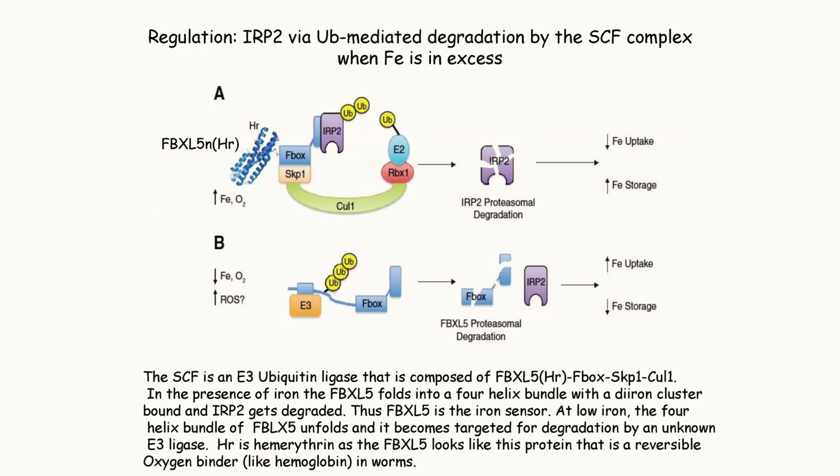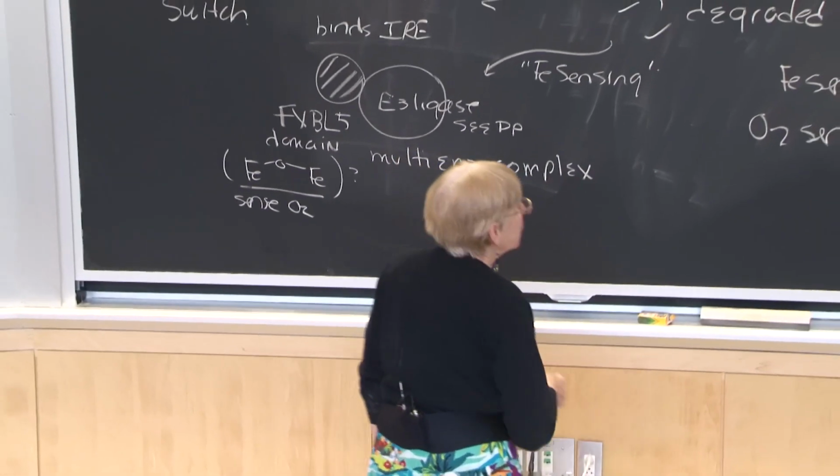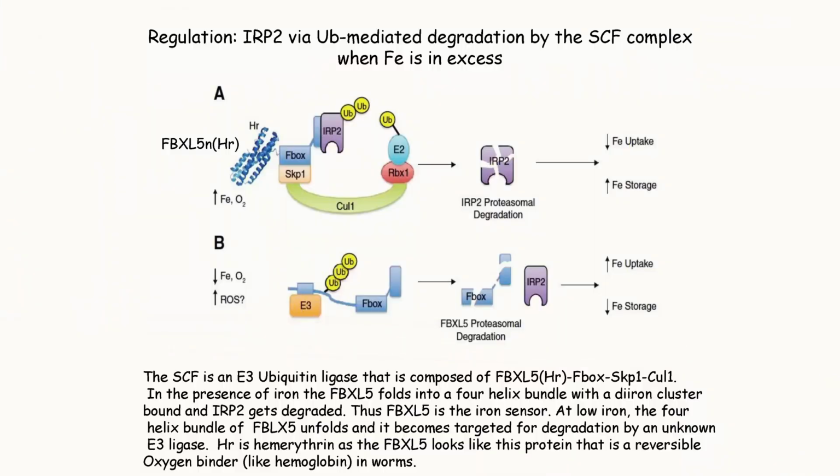And so here's the picture of IRP2, and this is the model for how IRP2 works. Here's the case when you have high iron. When you have iron, this part here, the F-box, SKP1, and CUL, are all part of the SCF E3 ubiquitin ligase.